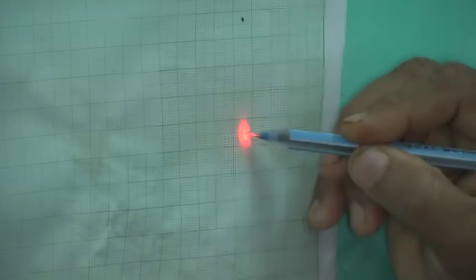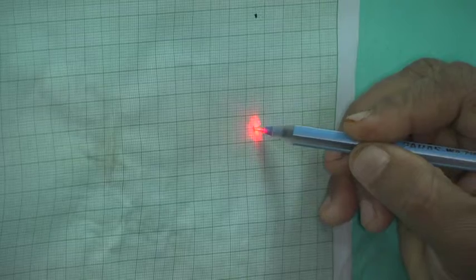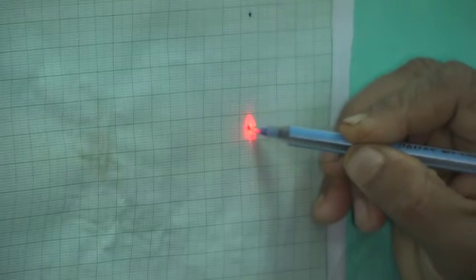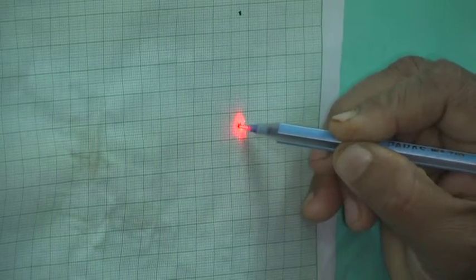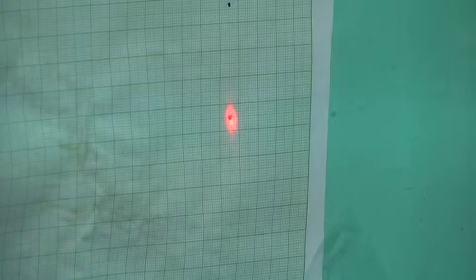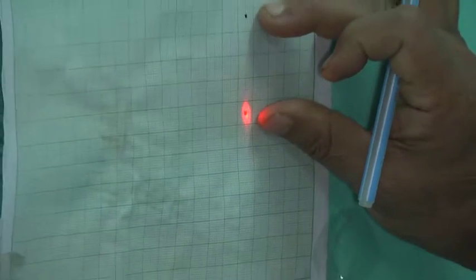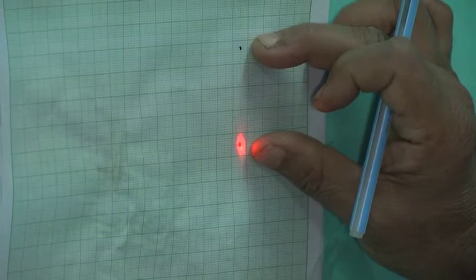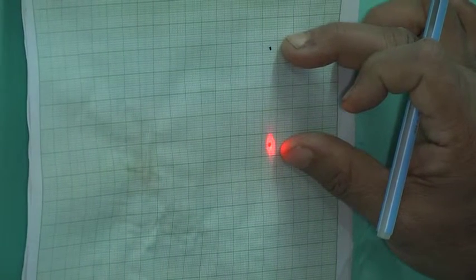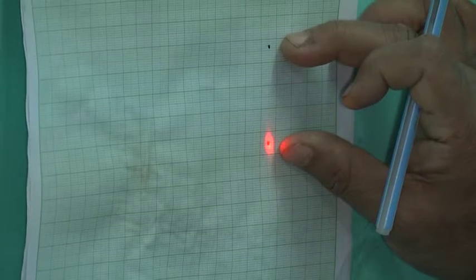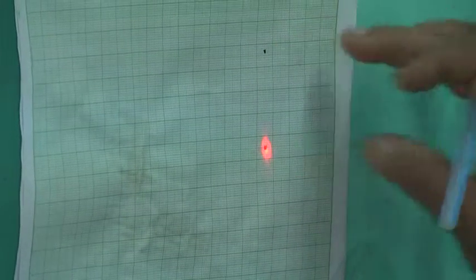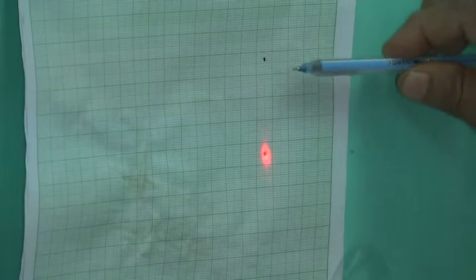Now I will mark the middle point. The distance between these two points we will note down. Here it is millimeter graph paper.